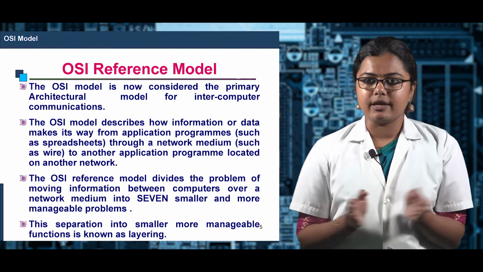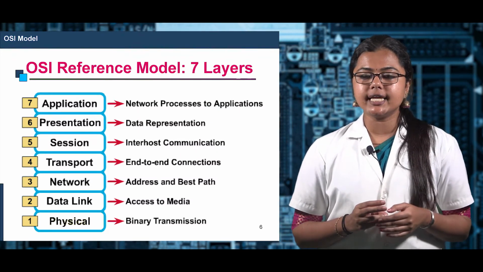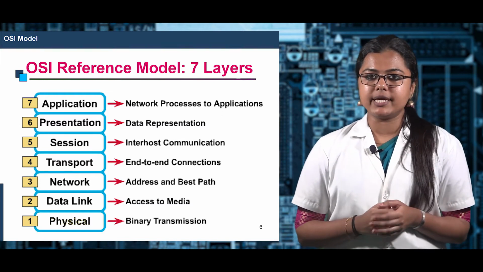The OSI reference model divides the problem of moving information between computers over a network medium into 7 smaller and more manageable problems. The separation into smaller, more manageable functions is known as layering. The OSI reference model consists of 7 layers: the physical layer, data link layer, network layer, transport layer, session layer, presentation layer and application layer.